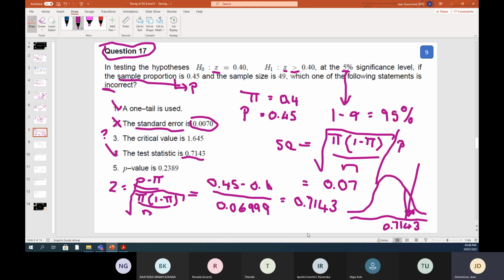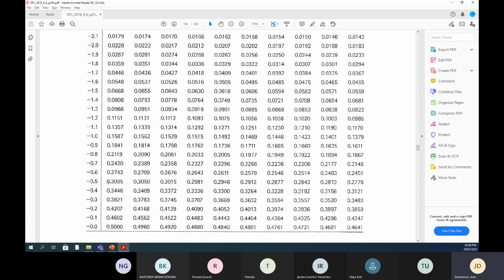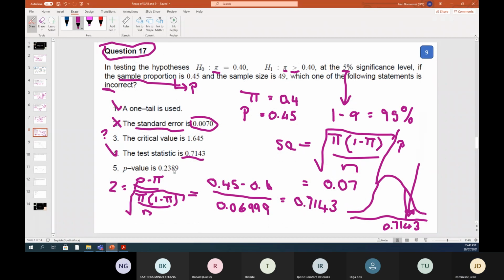So 0.71, I hope that is rounded off correctly. 0.7171, 0.2389. I say at least 0.2389, which is that. So let's see, why is that wrong, or did I make a mistake in this editing, which can also be.